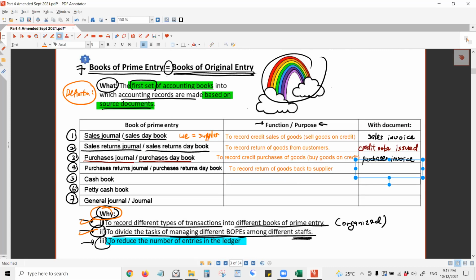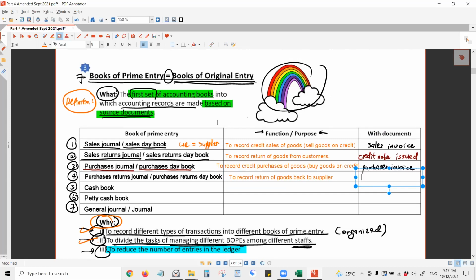You don't have to answer, I know you would know the answer here. This is credit note receipt. Again, it's the same piece of paper as credit note issue. But from the customer's point of view, we call it credit note receipt. From the supplier's point of view, we call it credit note issue. Don't write debit note. We never record debit note.